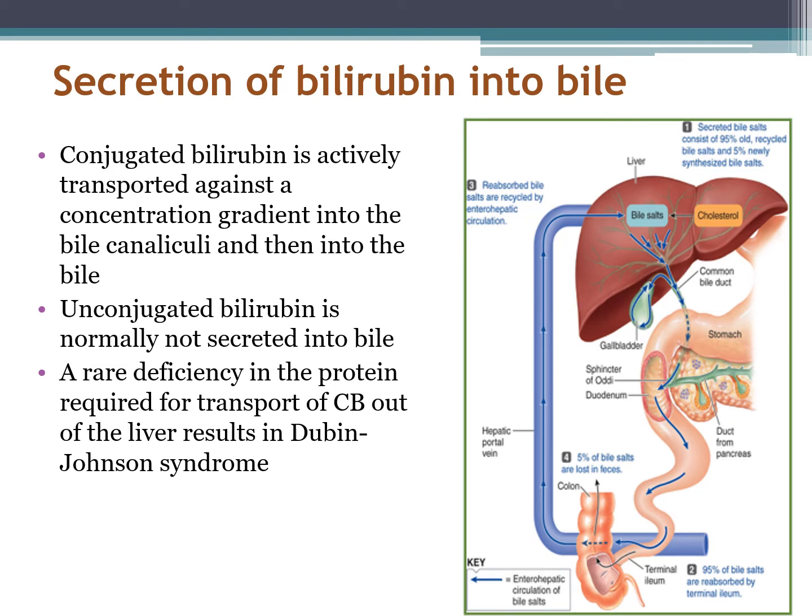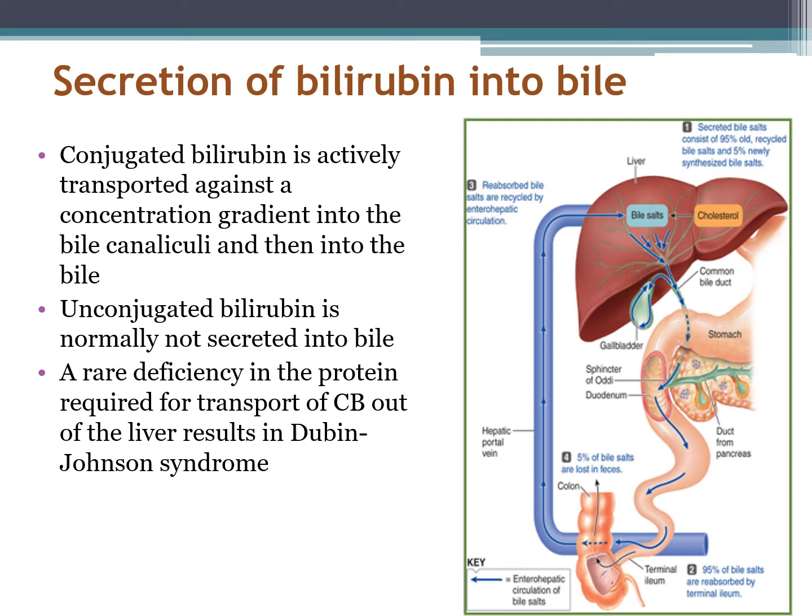This bilirubin diglucuronide gets secreted into the bile against the concentration gradient, which means active transport. Active transport means with the help of ATP. So into the bile canaliculi and then into the bile.